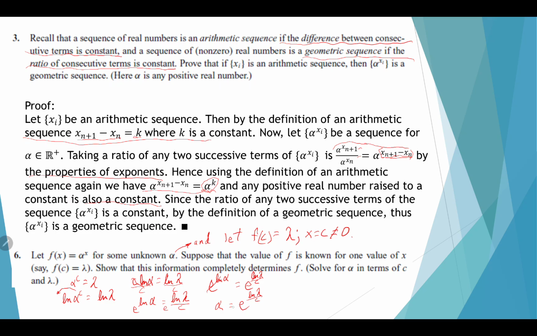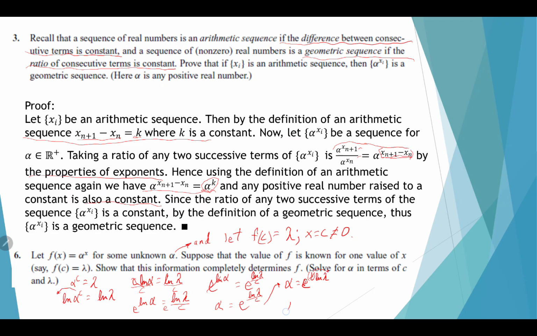What are some properties I could use? Let's clean this up. Okay, I see it now. So alpha is equal to e to the 1 over c times ln of lambda. But just like before, I can take this and put it up there.